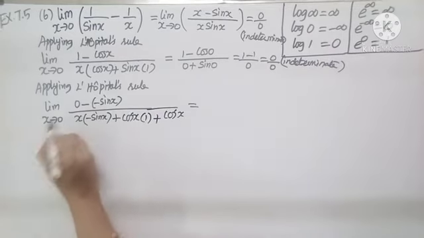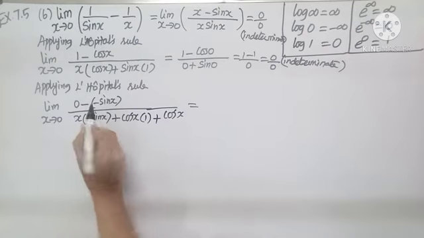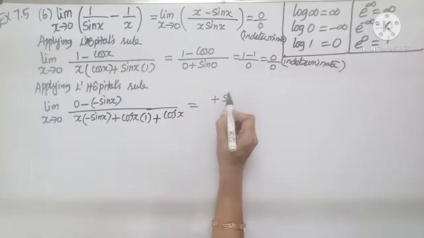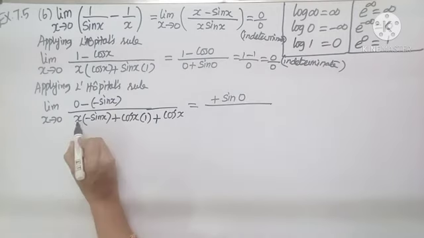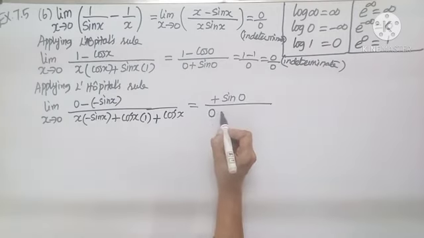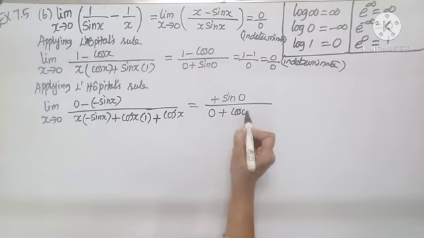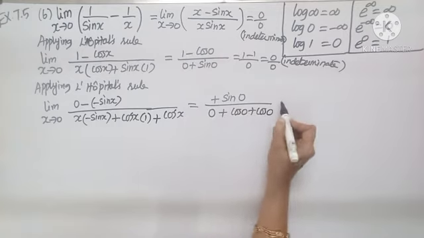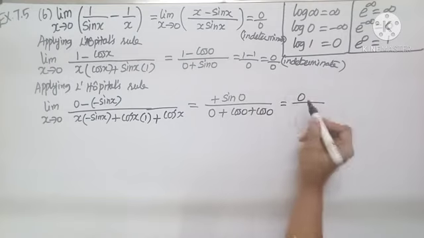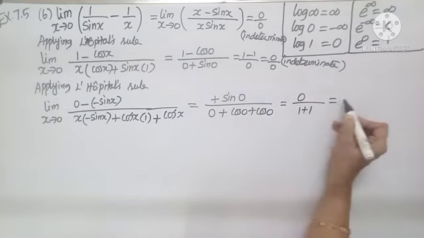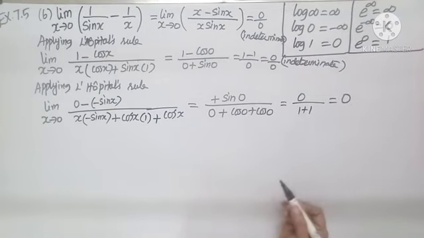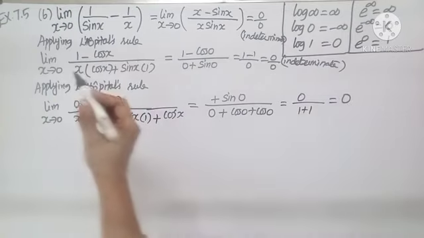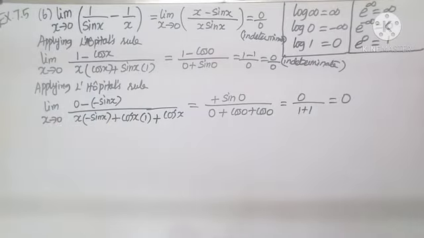As I apply the limit, wherever x is coming we put 0. Numerator is 0, denominator 0 into anything is 0, plus cos 0 plus cos 0. Sin 0 is 0, cos 0 is 1, again it is 1. 0 by 2 is 0, which is a proper answer, and that is the limit value of the problem.